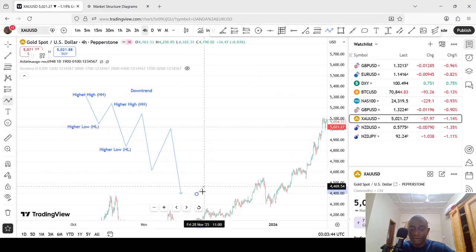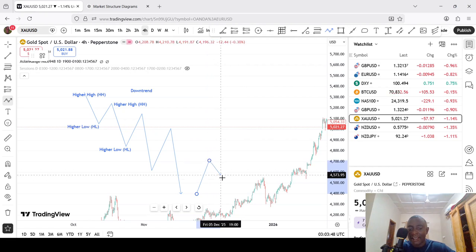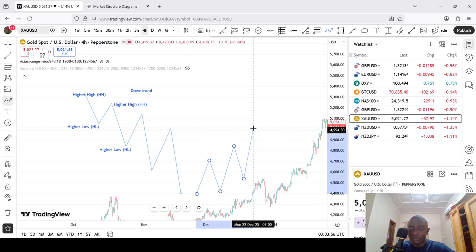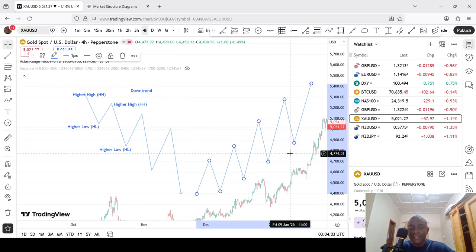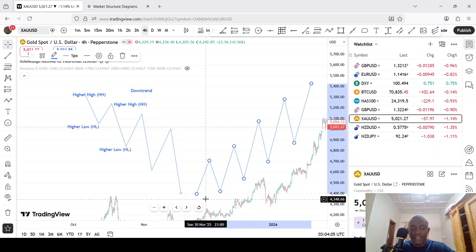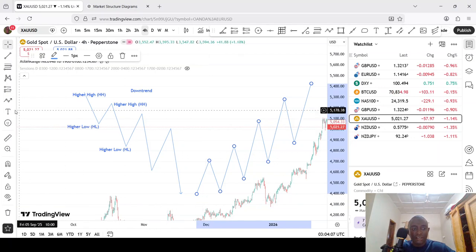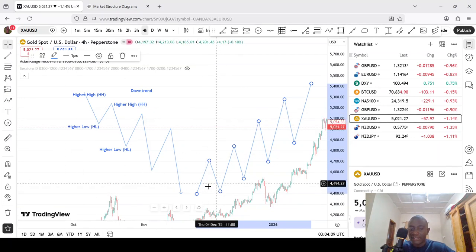Price started from the bottom, made a high, then came around this zone, broke that particular high again, came around this zone, broke another high like this. As explained in the last diagram, this is just telling you the market is moving up.